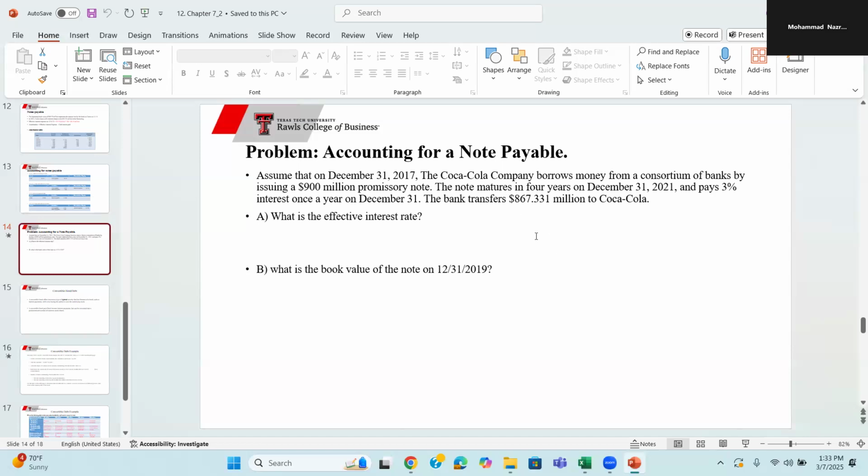Over the period, we are going to check the interest rate and how much we pay for each year. So the first requirement is: what is the effective interest rate?